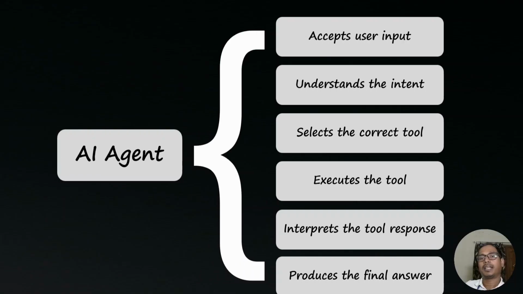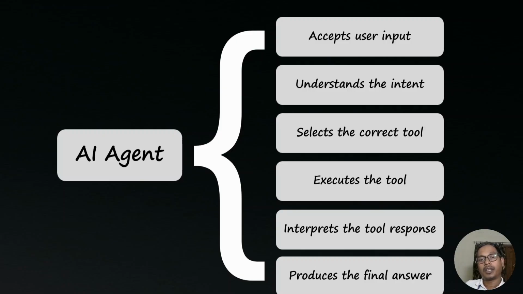These AI agents can accept the user input, and since they have an LLM, they can analyze the input and understand the intent of the user. Accordingly, they are connected with multiple tools through which they can evaluate which tool is best to perform an action or generate a reply for this input.